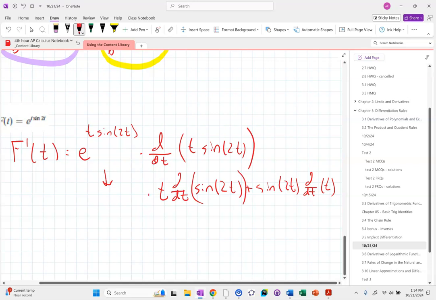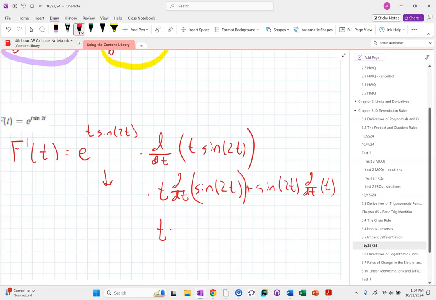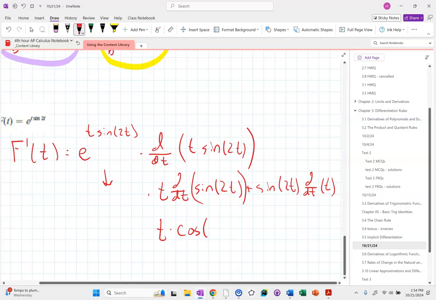When I do the derivative of sine 2t, what do you notice there? That's another chain rule, yeah. So the outside function is sine x and the inside function is 2t. So the derivative of sine is cosine. And then the derivative of 2t will just be 2. We'll write that in a second, though.